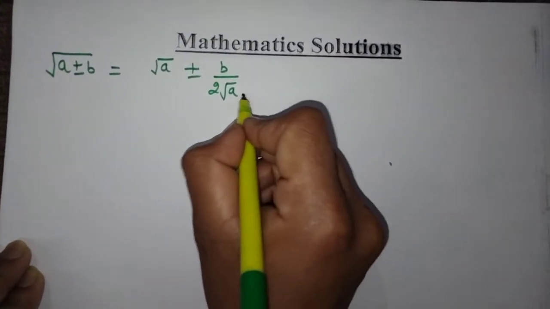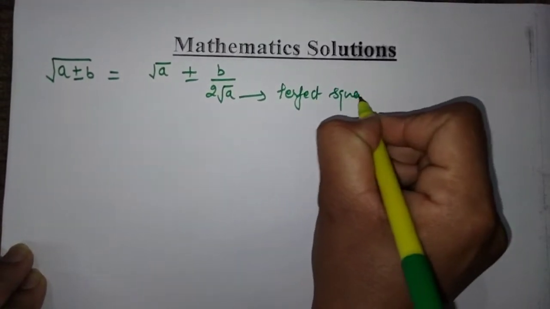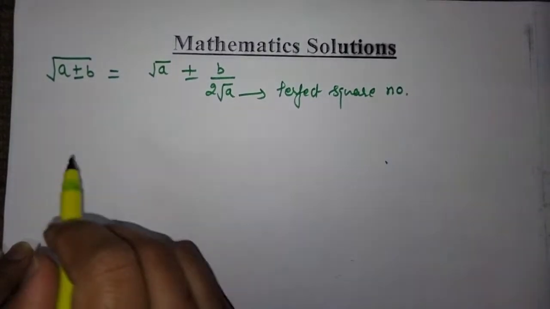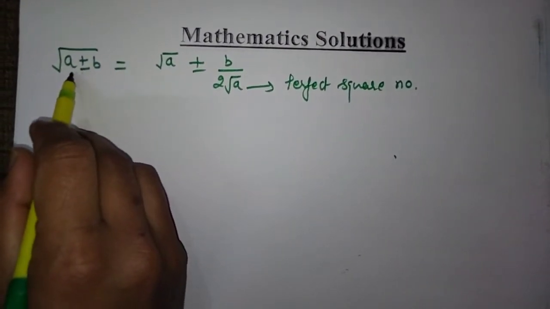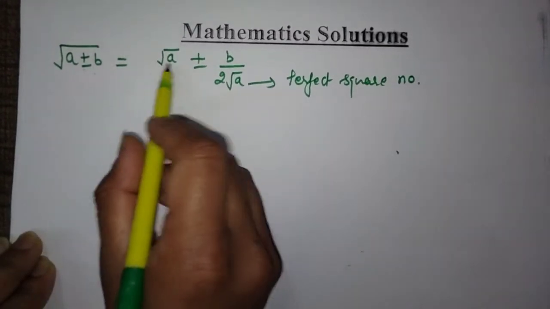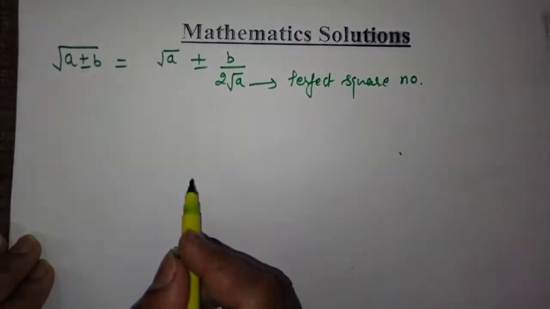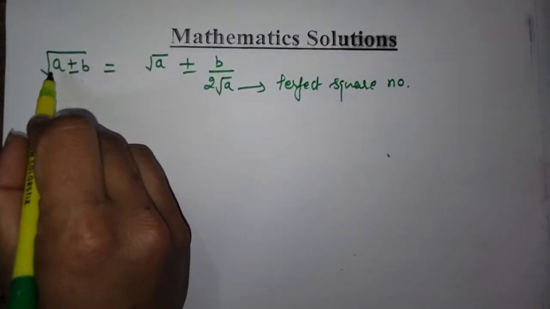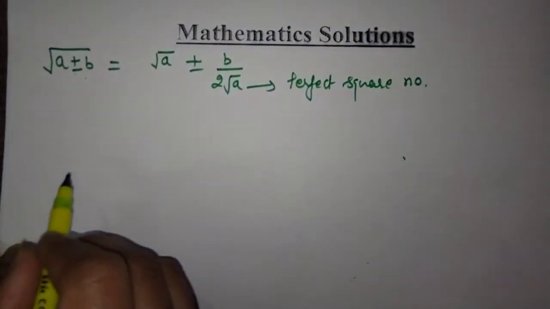Here a is a perfect square number. It means that we have to resolve the number whose square root we have to find into a perfect square number plus or minus any other number, so that when we add that number to this or subtract that number from this, we get the original number.